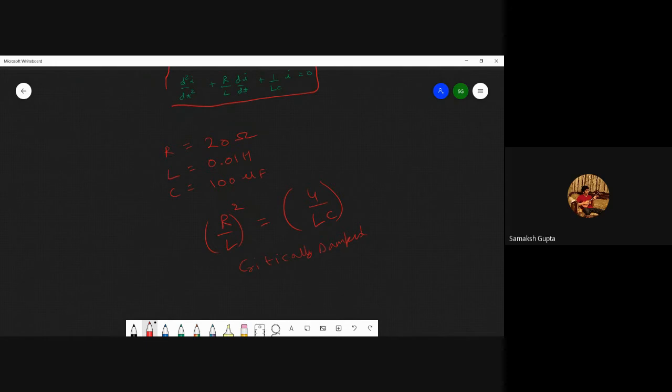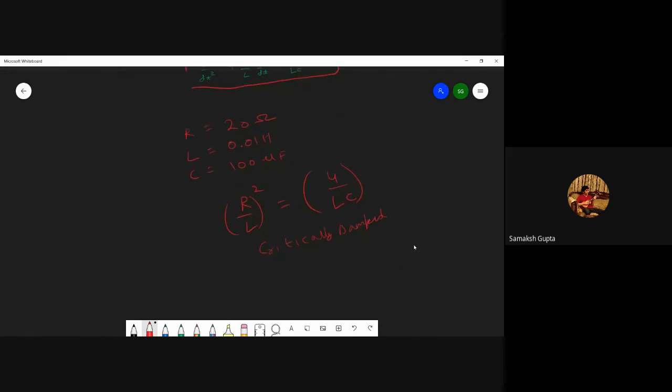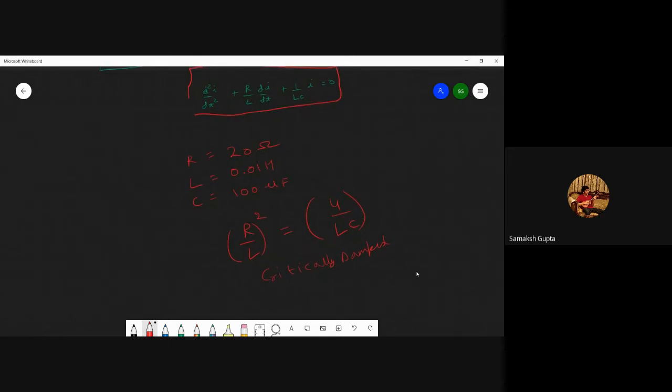Right. So if we have a critically damped case, first of all, we need to find the roots, which will be real and equal. So let's start by finding the root. Our differential equation is i'' + (20/0.01) i' + (1/10^-6) i = 0.